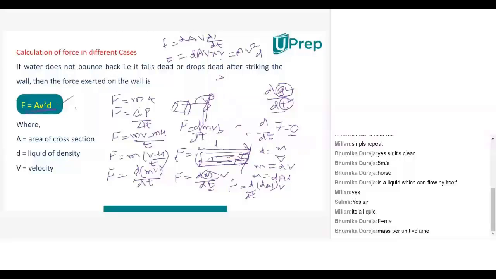Is it clear? Arnav, Bhumika, all? Yes, sir. Others, tell me, is it clear or not? If it is not clear, I will explain in a shorter way also. Bhumika, Milan, Sahas, at least message me.